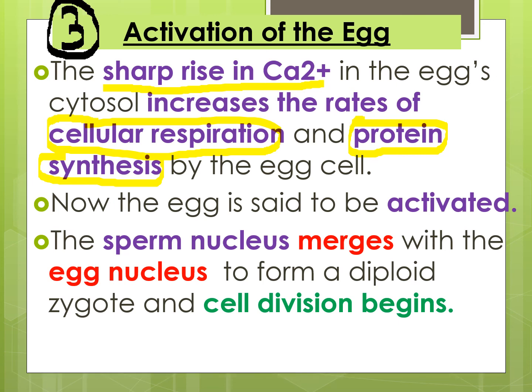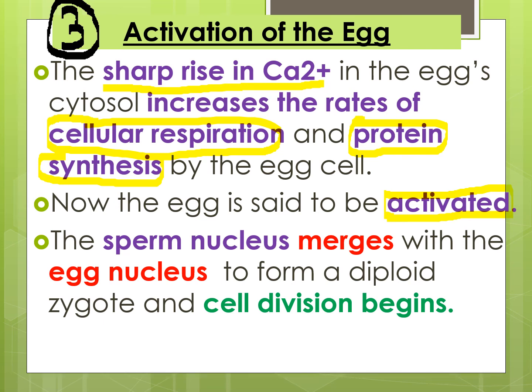This zygote is eventually going to develop into a fetus, and a fetus is filled with many, many proteins. And at this point, the egg is said to be activated, and that brings the process of fertilization to an end. So fertilization has three phases: the acrosomal reaction, the cortical reaction, and the activation of the egg.